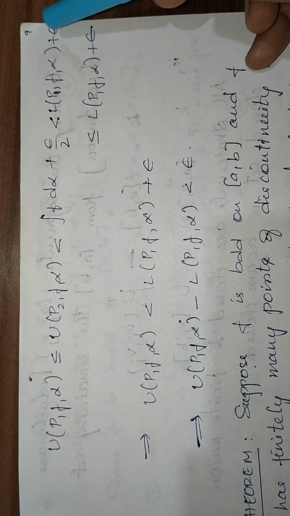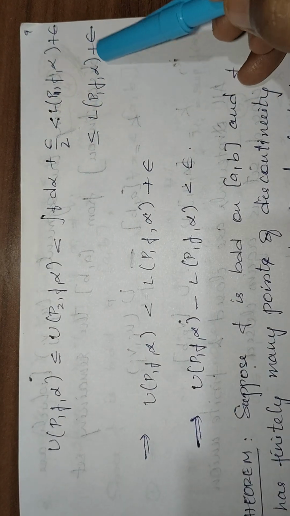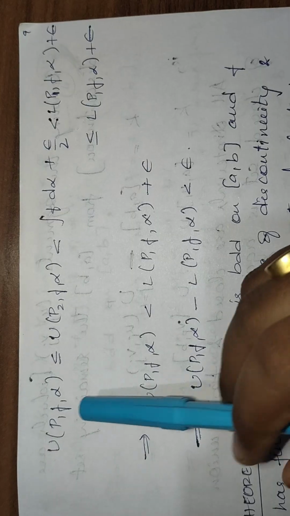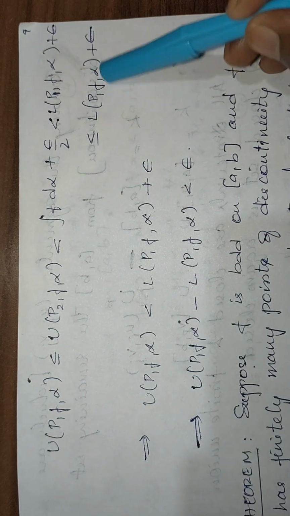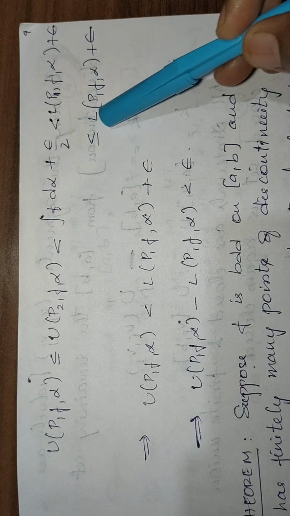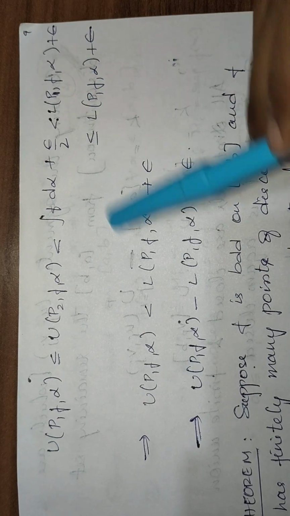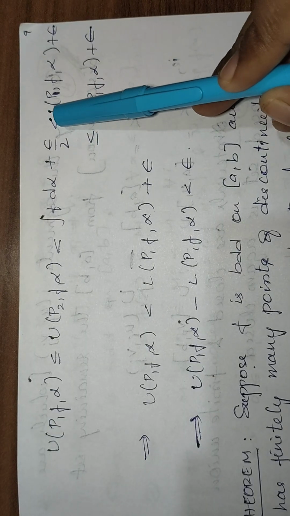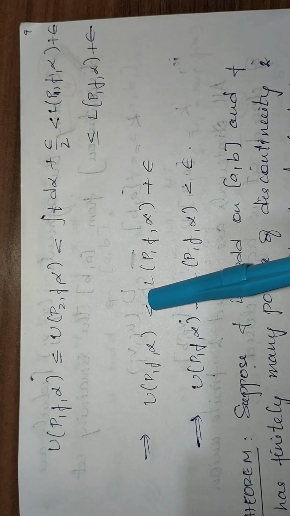This epsilon I have written as it is. Okay, so this is less than or equal to this. And now this first part is less than L of P, f, alpha plus epsilon. I have written less than and not less than or equal to, because I have less than here. Okay, so I have used less than.